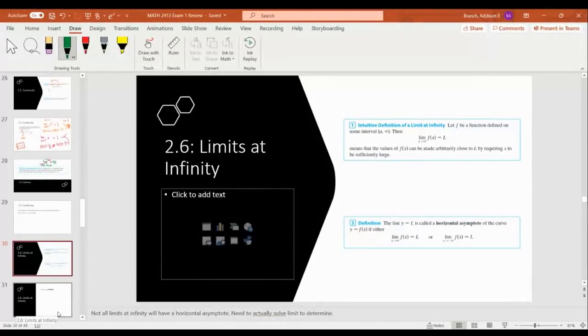It'll always approach some finite number. But of course, not all limits going to infinity are going to have a horizontal asymptote. You just have to look at your function.